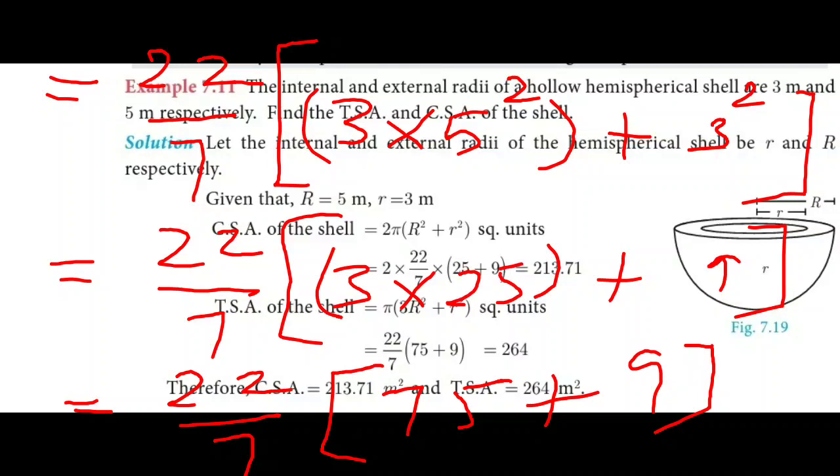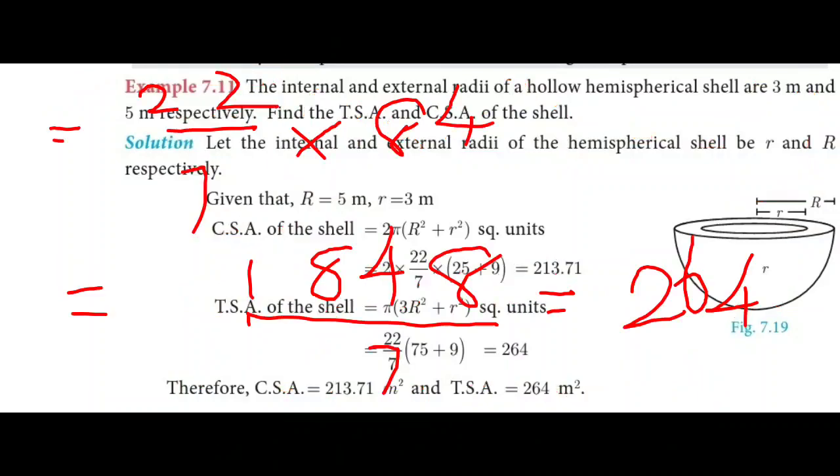Then 22 divided by 7 into 3, 25s are 75 plus 9. Then 22 divided by 7 into 84. Then 22 into 84 we get 1848.